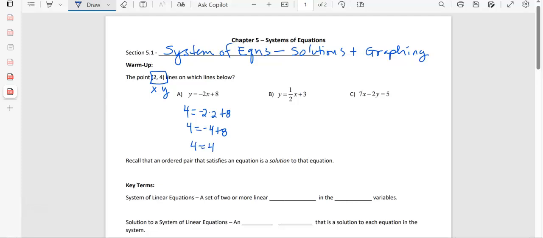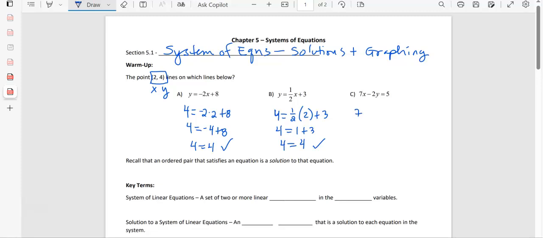So as you can see, the first line does contain the point (2, 4). And again, I am using my order of operations here, so that's something that's always in effect. The second line also contains the point (2, 4).